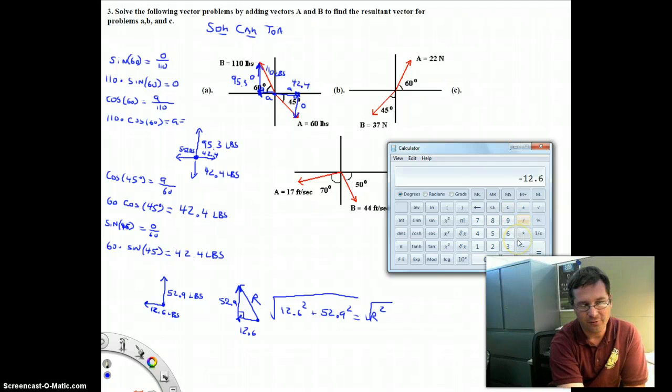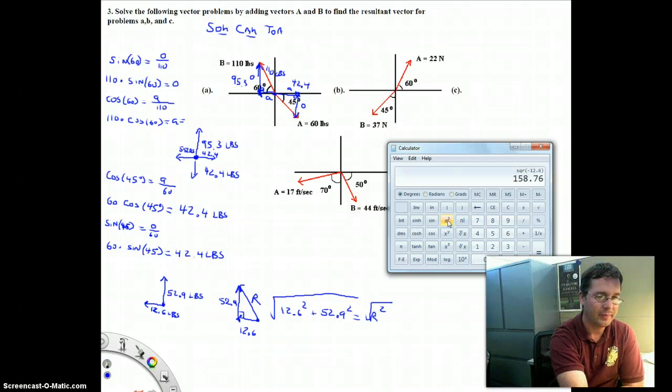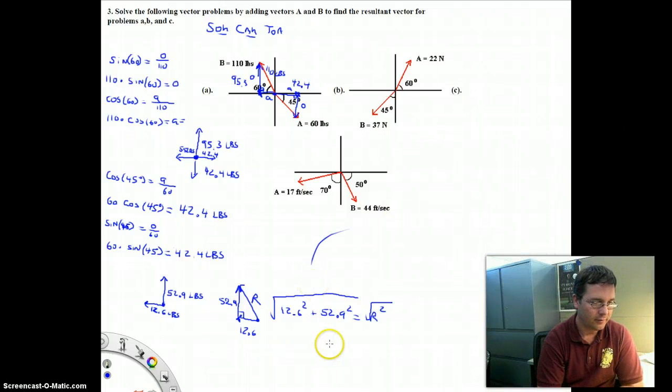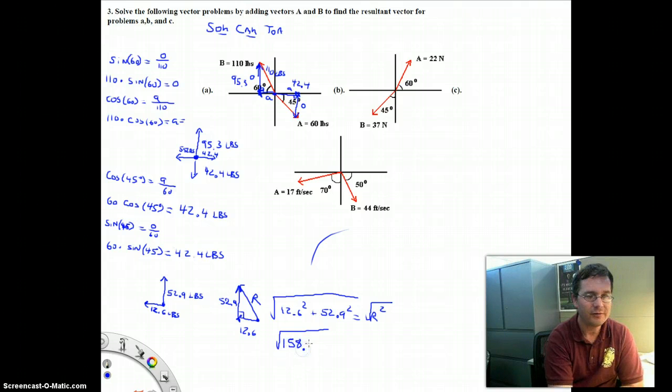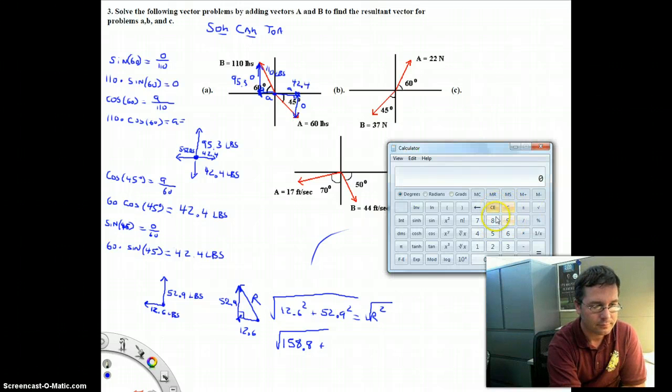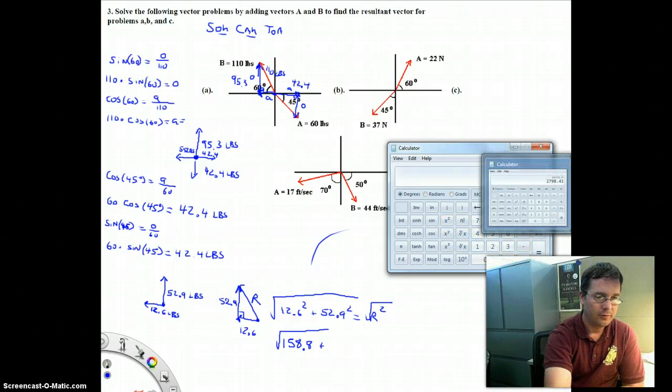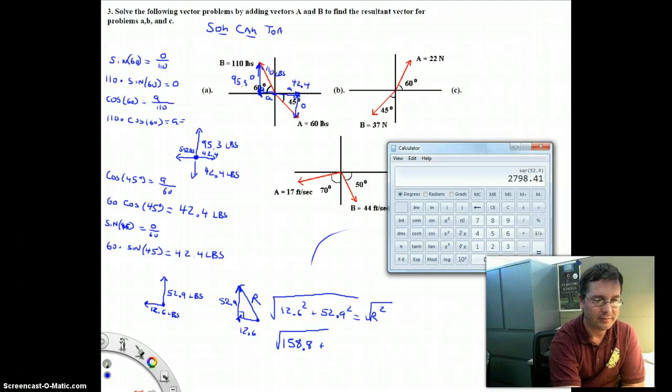So 12.6 or negative 12.6, it doesn't really matter because the square is going to wash out the minus sign. If I square that, I get, let's write these down, square root of 158.8 plus 52.9 squared, 2,798.4.